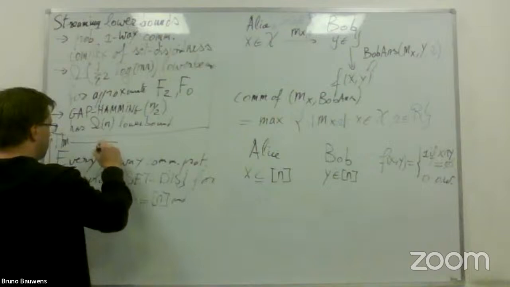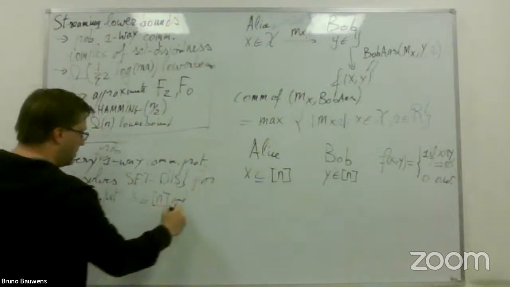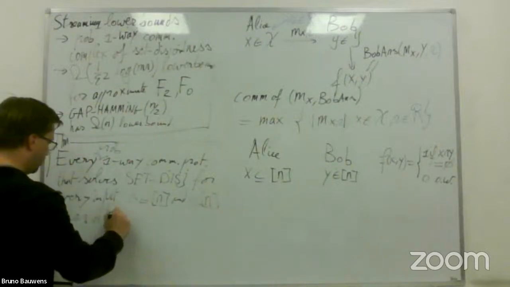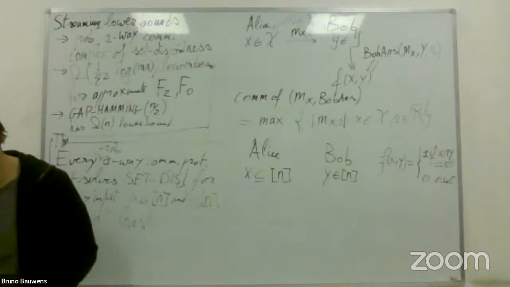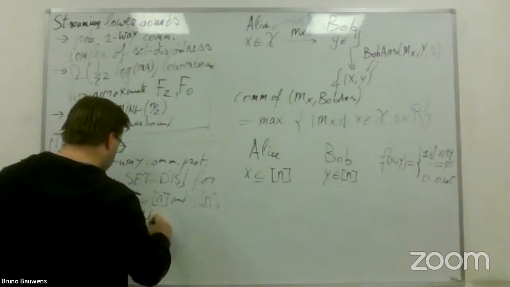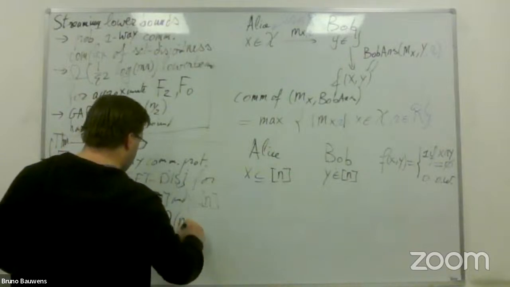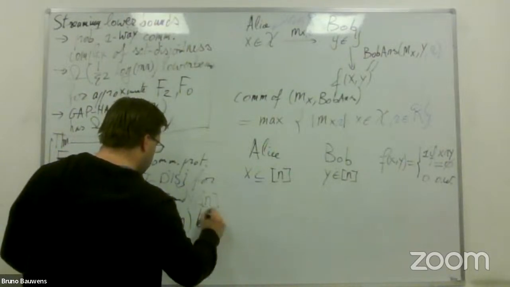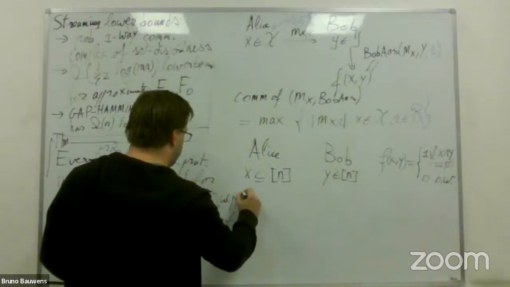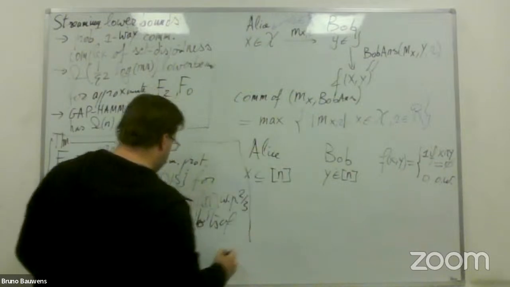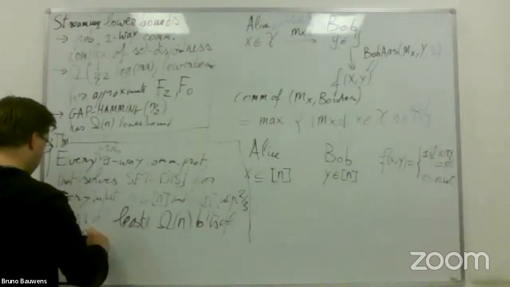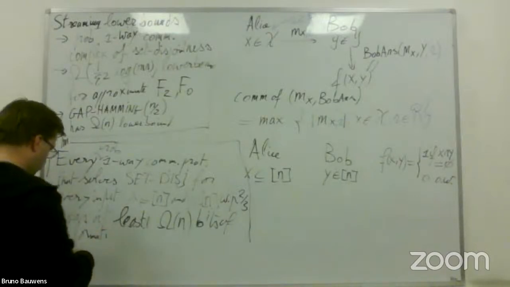Sorry, every probabilistic protocol that solves it with probability 2/3 uses at least omega n bits of communication.